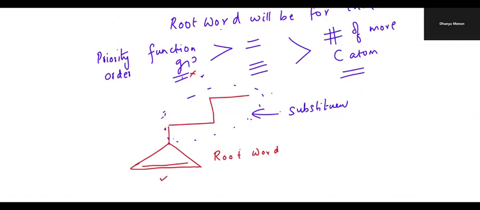Okay, now. So the root word will be numbered 1, 2, 3. So the substituent is at the third position, right? The root word, because of the double bond. See the priority list. If functional group is not there, then go with double bond or triple bond.